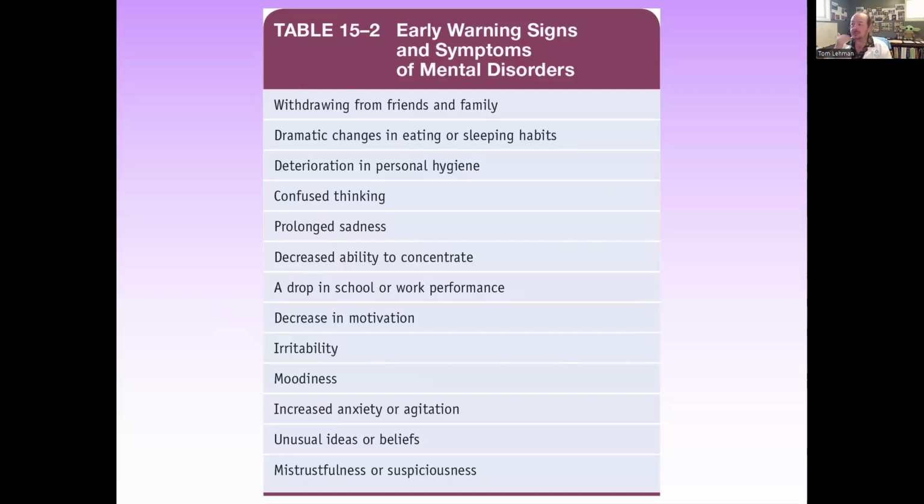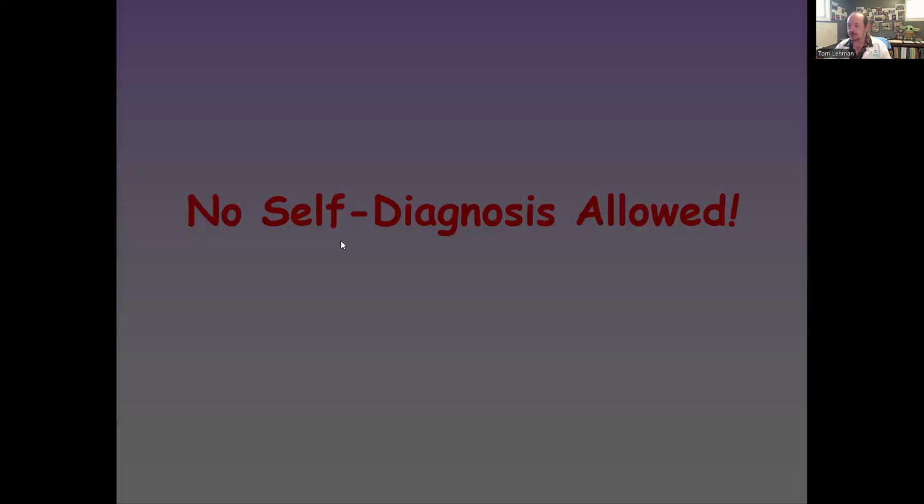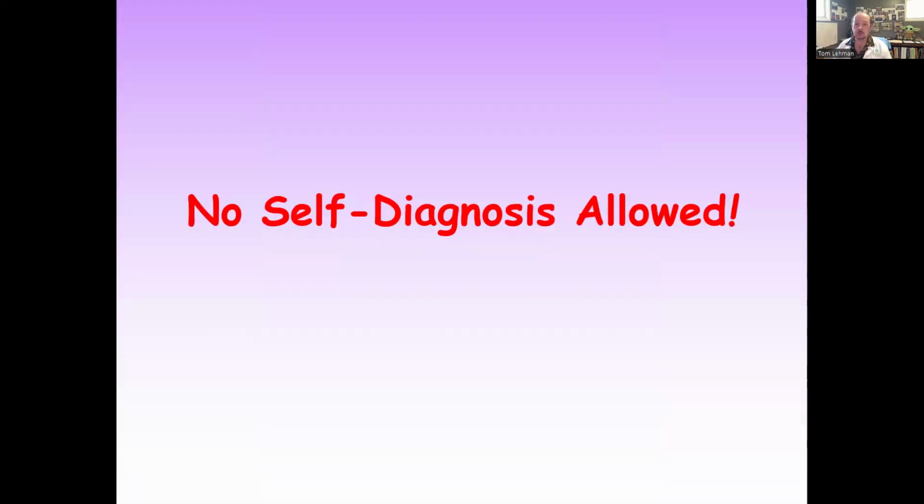But the point is, if these last long enough to chronically affect a person's behavior and mindset, that's where we lead into what we will consider as mental disorders. So don't fall into the trap of suddenly getting very paranoid because you demonstrate some of these characteristics in a very snapshot effect. So you are not allowed to diagnose yourself on anything from this chapter.